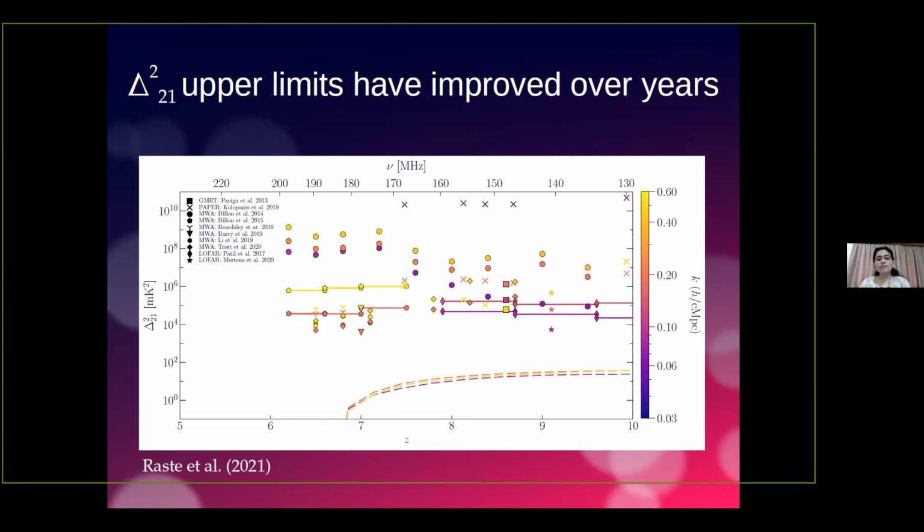However, we don't have many observations at redshift lower than 6, because when these observations were planned, the assumed reionization model was this early reionization model, which predicted that the reionization would have ended by redshift 6 or 6.5 or 7.